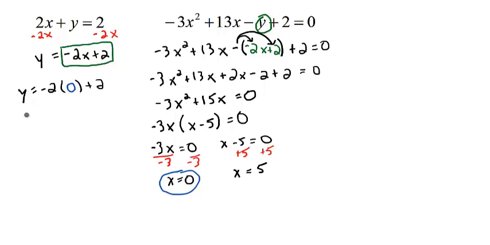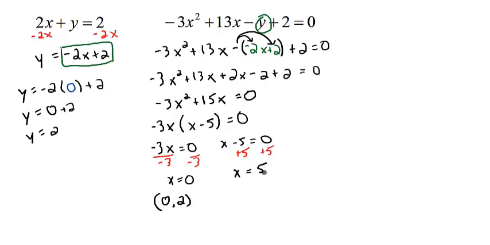So if we simplify that, we've got y equals, this times this is 0, plus 2, so our y equals 2. So if x equals 0 and y equals 2, that's going to be our point, or our solution. So we got 0 comma positive 2.